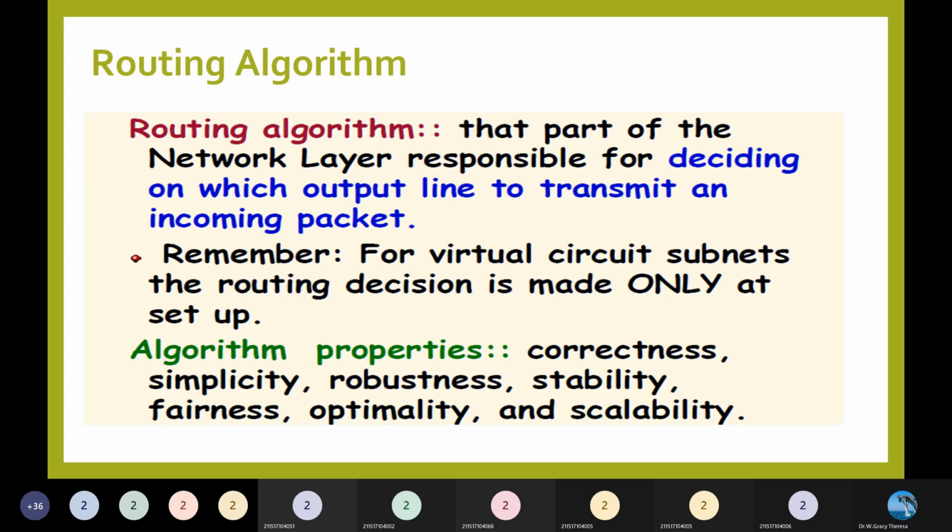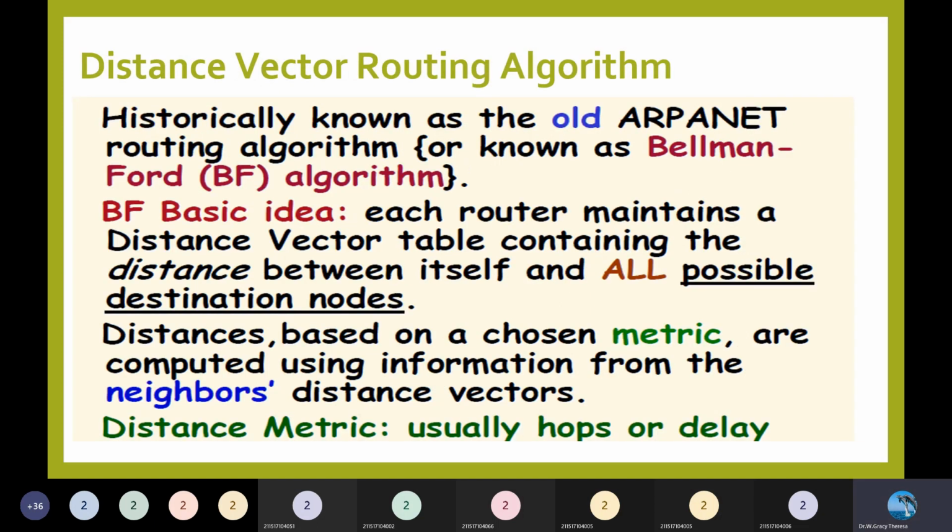Next, let me go to the first routing algorithm, the topic that we are going to see today, that is the distance vector routing algorithm. This is one of the oldest routing algorithms, found as early as the 1980s.